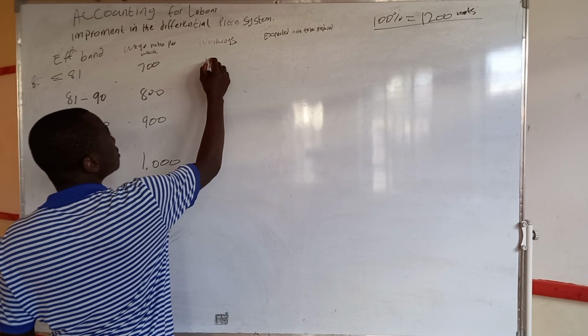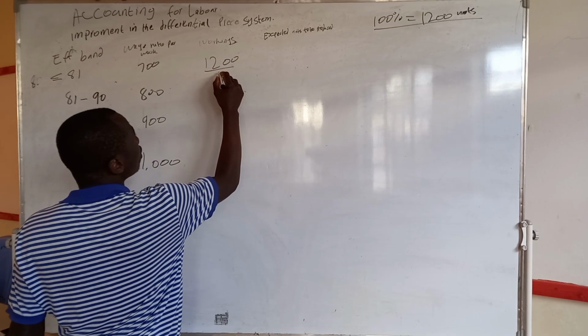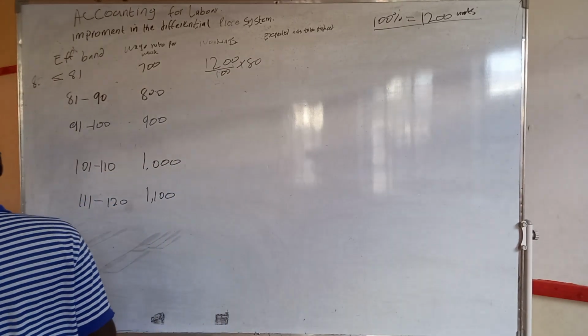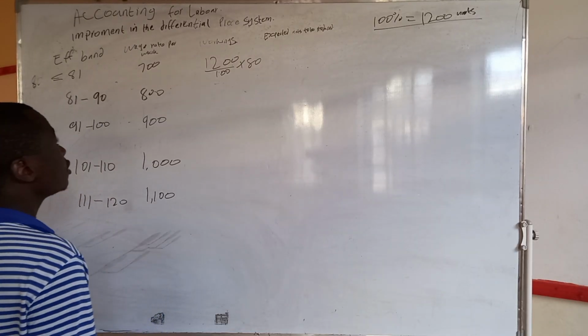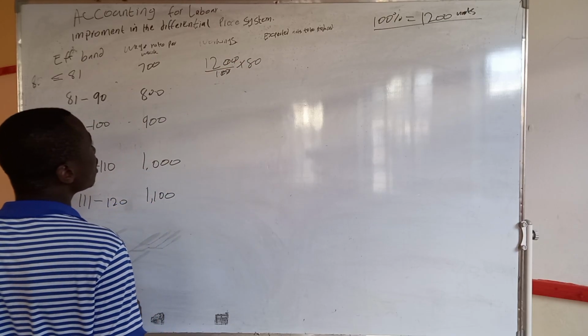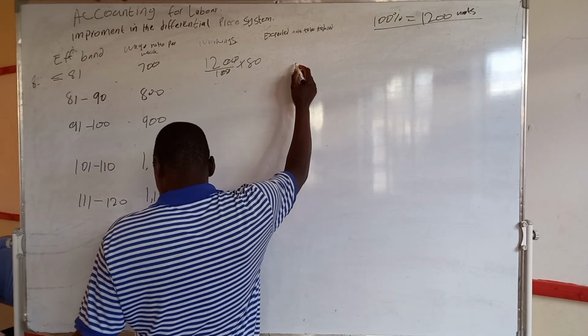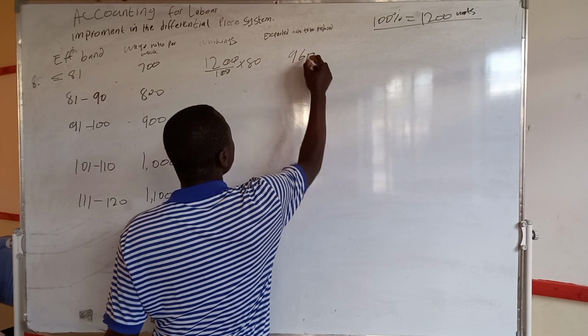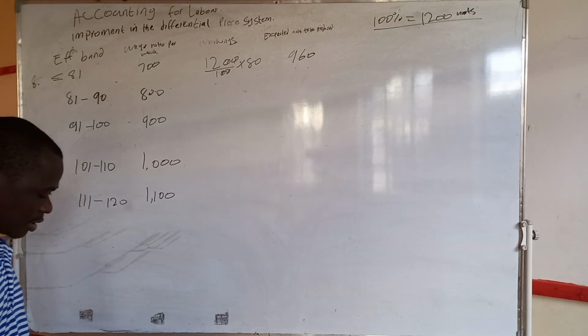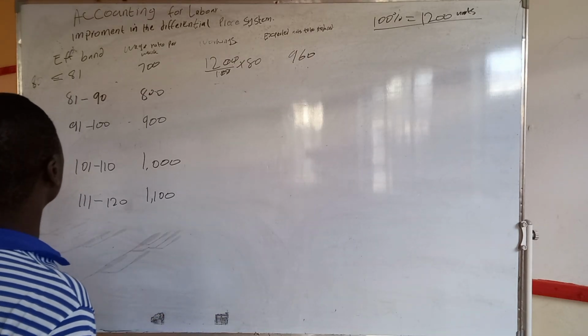That is 1,200 over 100 times 80. 12 times 80 is 960. That's 960 units.